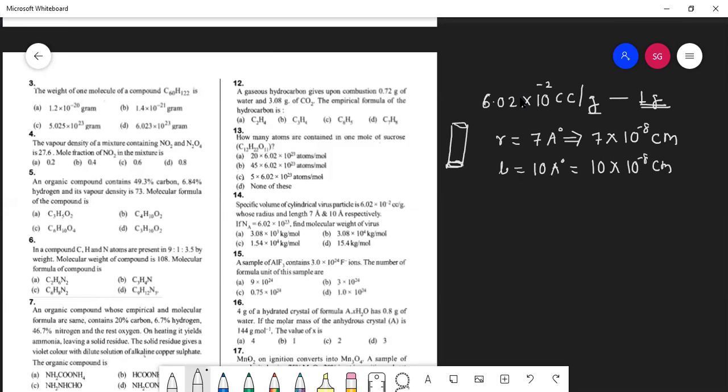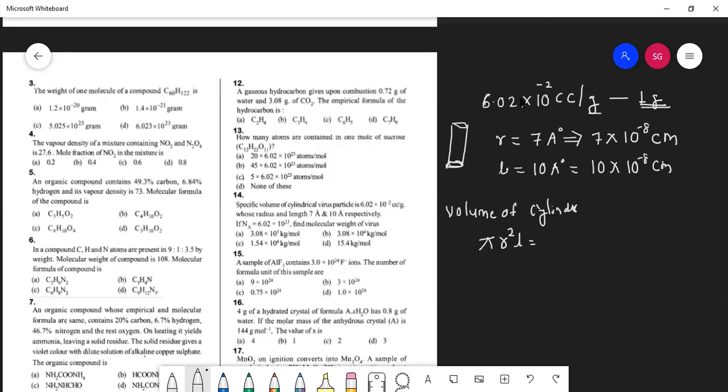The virus is cylindrical. So do you know, students, what is the volume of a cylinder? In mathematics you might have learned: pi r square h. Yes, it is pi r square L, where L means height.